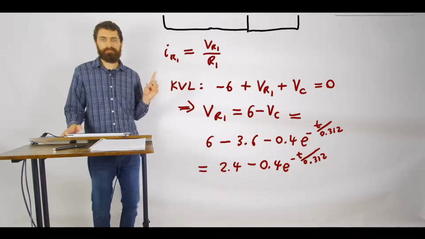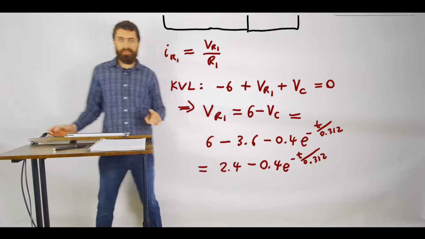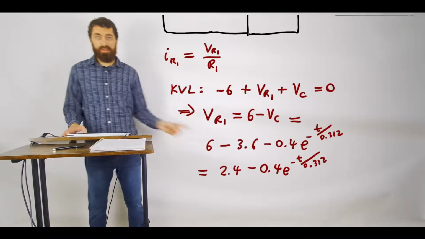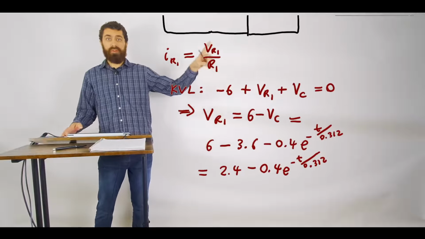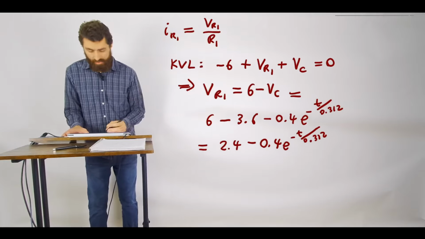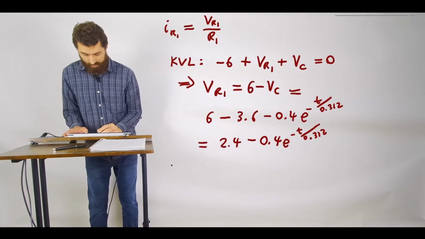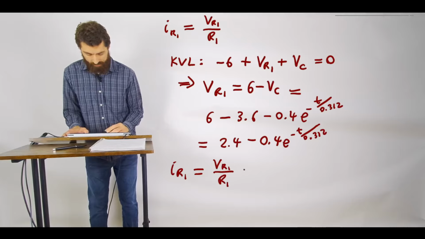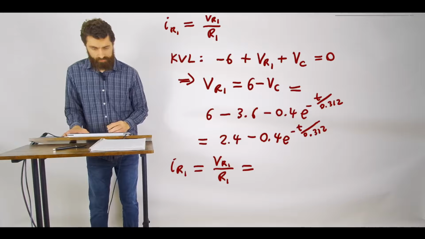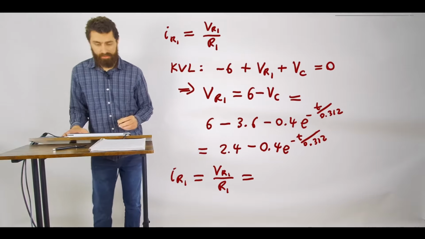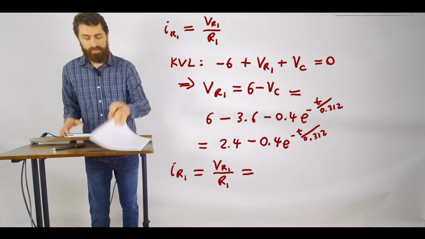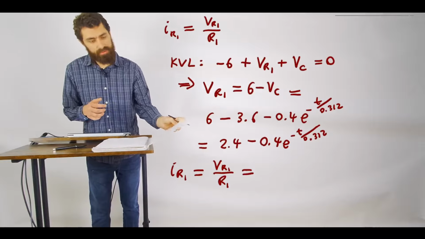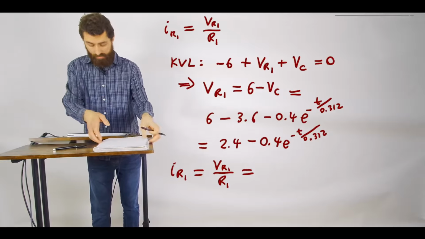So there we have the VR1 value, and then we just divide it by R1 to get IR1. IR1 is VR1 divided by R1, and our R1 value was 4 ohms.